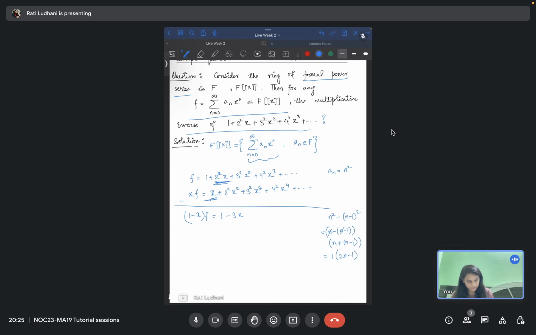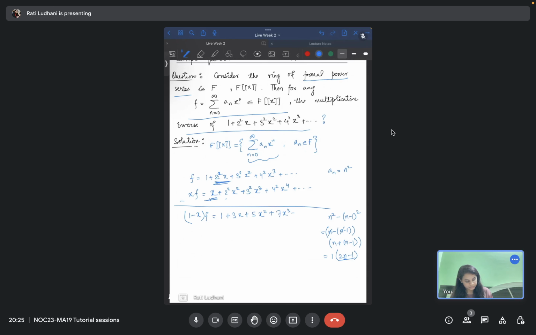You can generalize this. For n equal to 2 you get 3, so you get the odd numbers. You will get plus 3x, because 3 square minus 2 square gives 5, and continue like this. So you will get all the odd numbers.